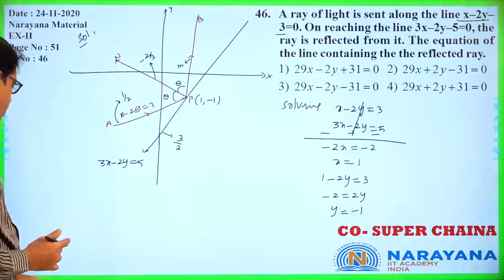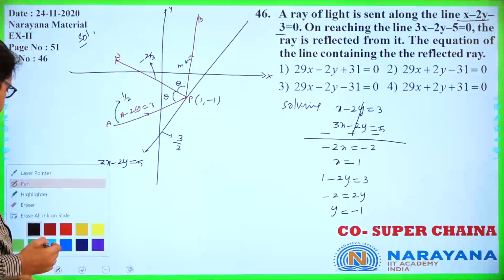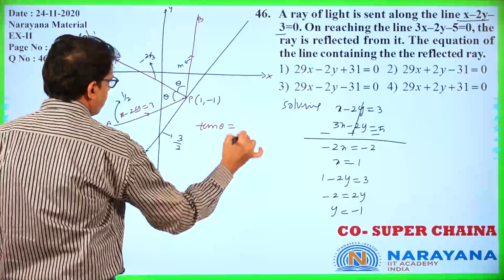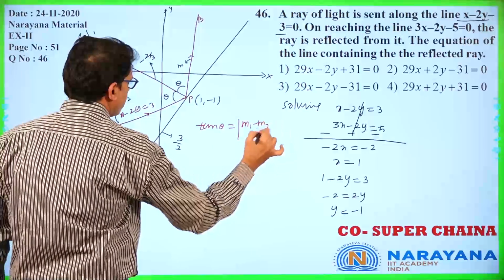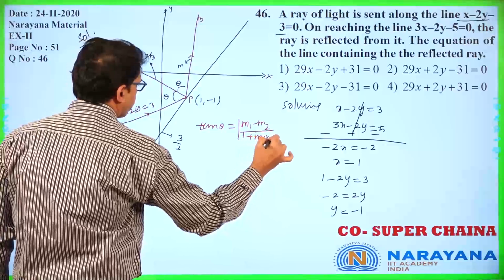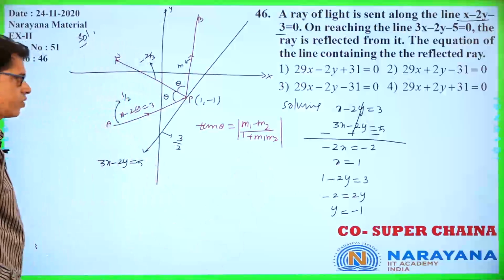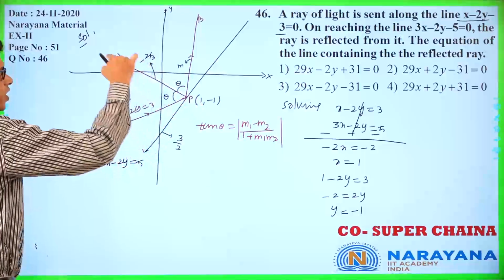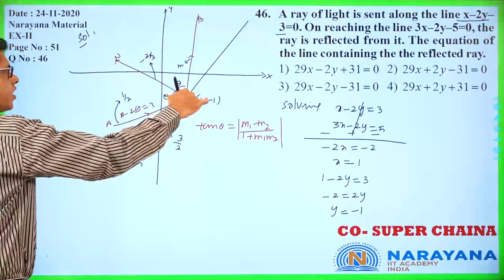So what is the formula of tan theta? Tan theta equals mod of m1 minus m2 upon 1 plus m1 m2. So here angle APN equals angle NPB.